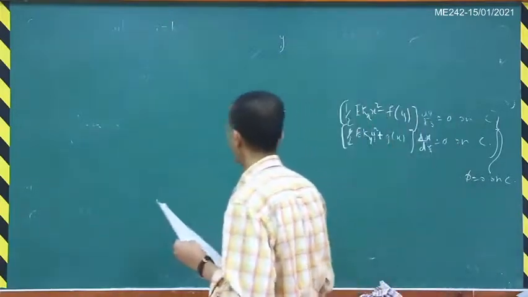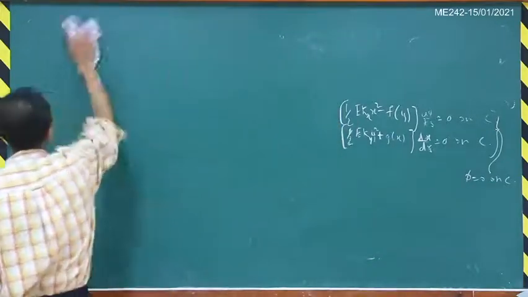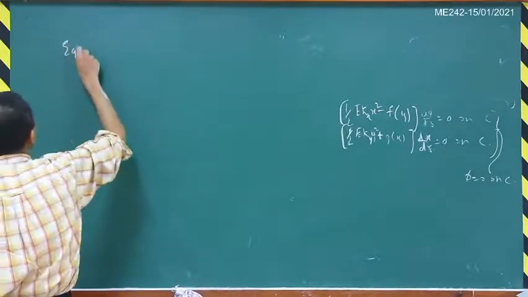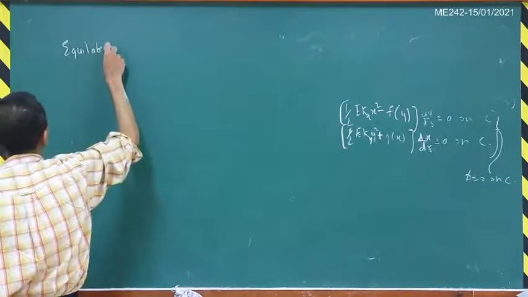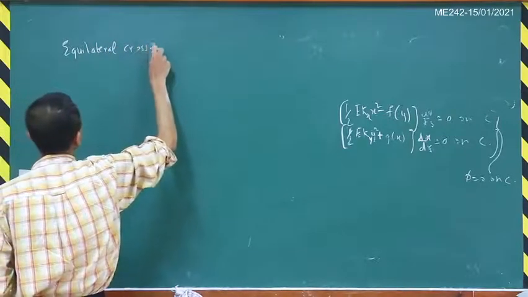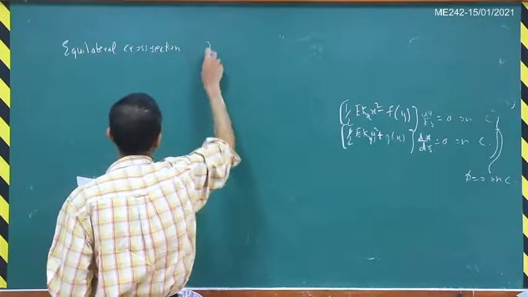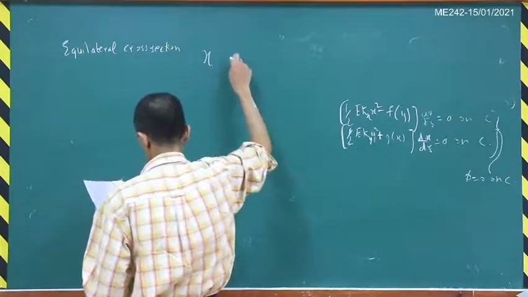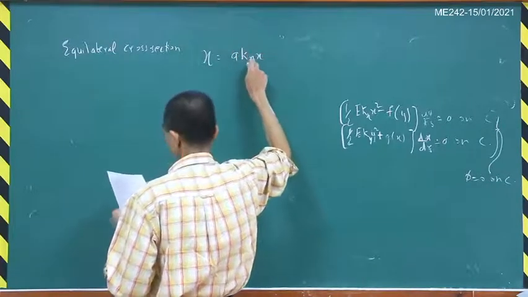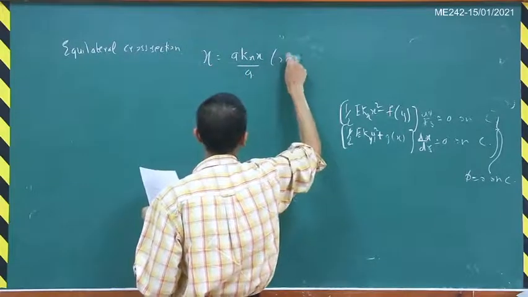So for the equilateral triangle, let me just write what the chi function is. For this equilateral triangle cross section, you will get that chi is equal to A times kappa x by 9 times 2a minus 3y.